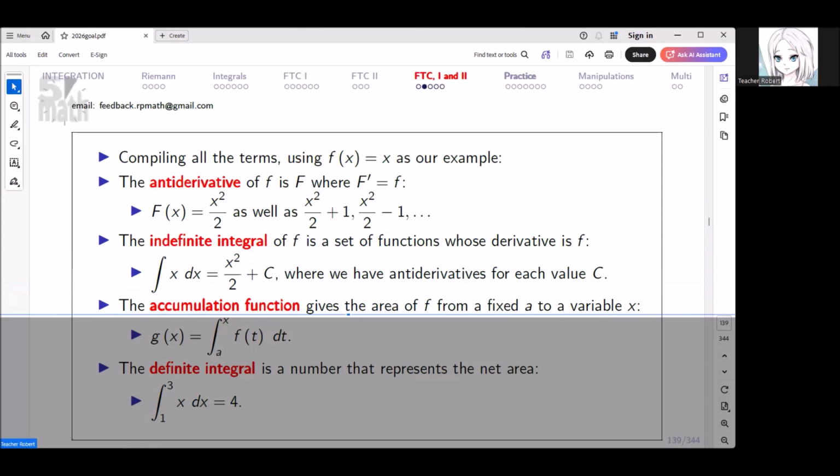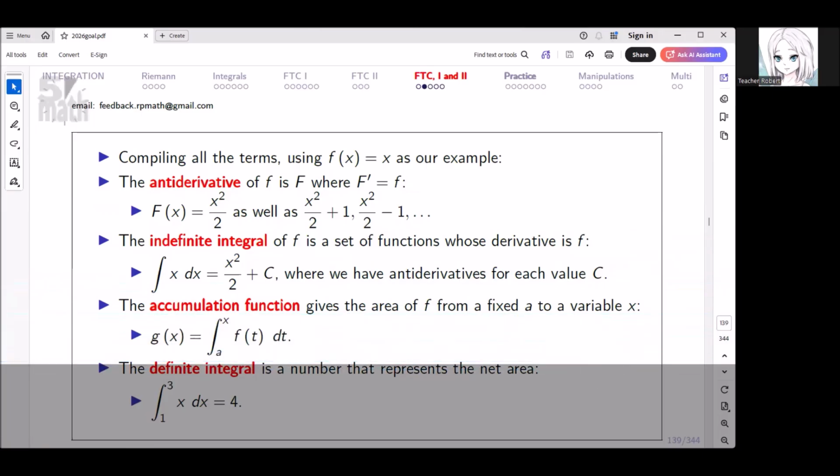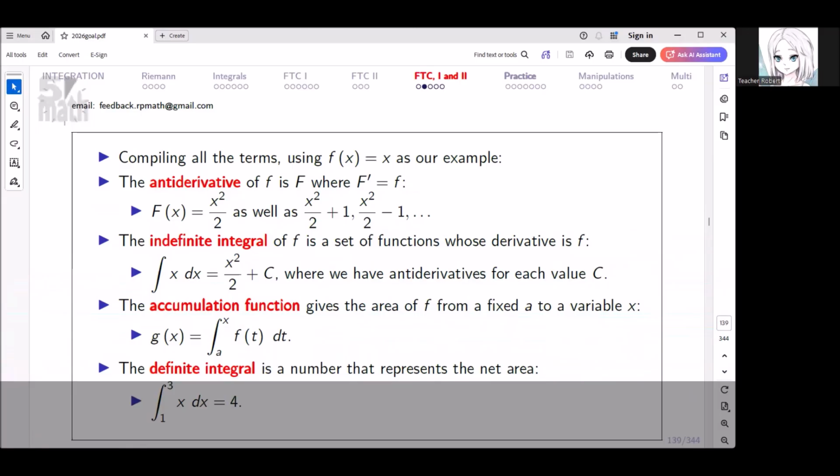The accumulation function gives the area of little f from a fixed a to a variable x. G of x equals the integral from a to x of f of t dt. The definite integral is a number that represents the net area.